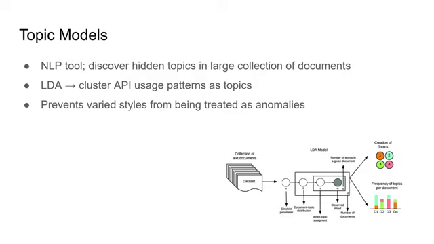I won't go super in depth, but you can see an example in the bottom right. What it's doing is clustering API usage patterns themselves as topics. Another byproduct of this is that you're able to prevent varied styles from being treated as their own anomalies, which helps with handling heterogeneity.